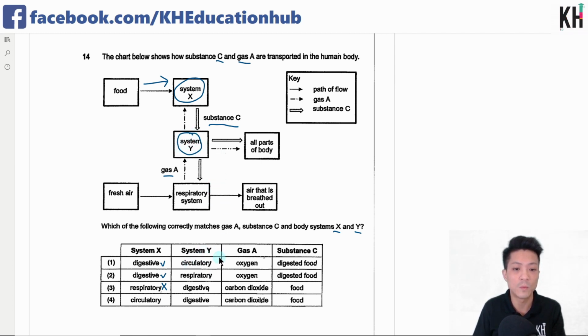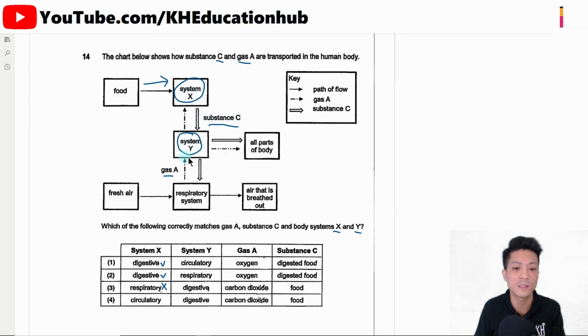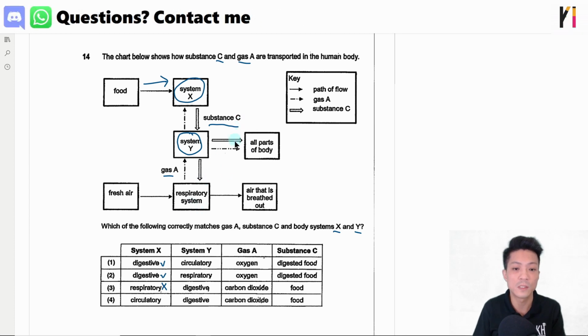Next, we look at System Y. The digestive system will transport the food to Y, and we can see that System Y is responsible for distributing a lot of substances across the whole body.